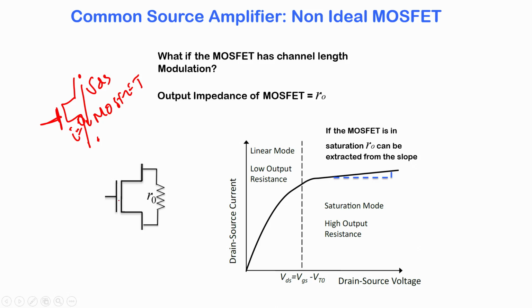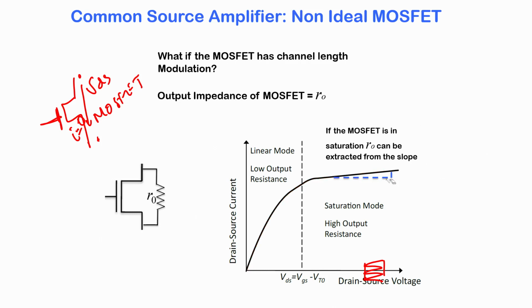But if there is channel length modulation, the MOSFET characteristics would look different, and technically speaking, a small fluctuation in VDS will cause a fluctuation in IDS.